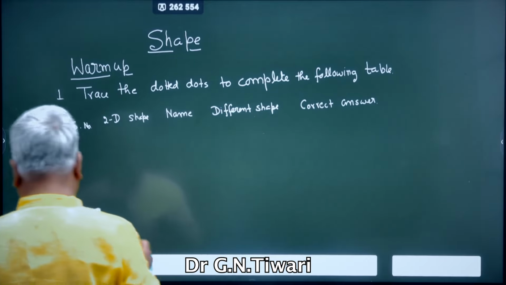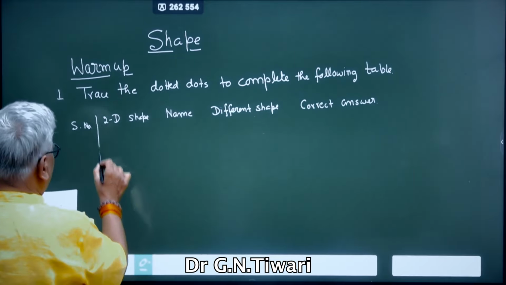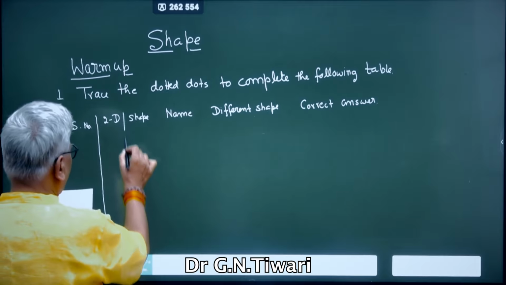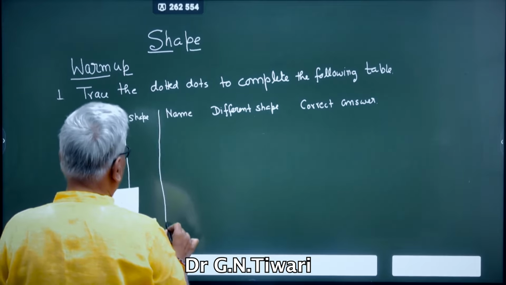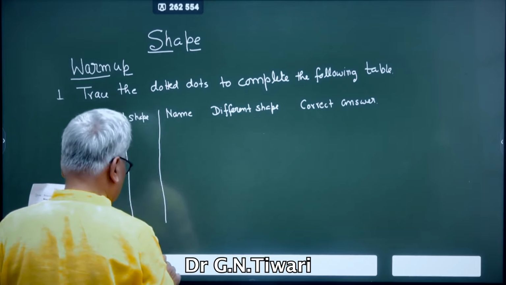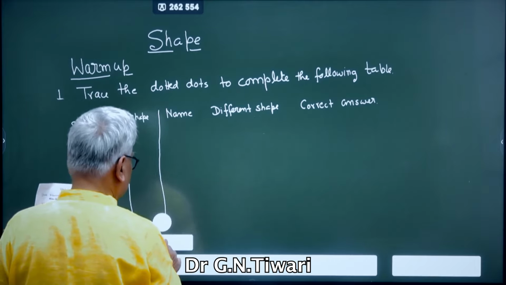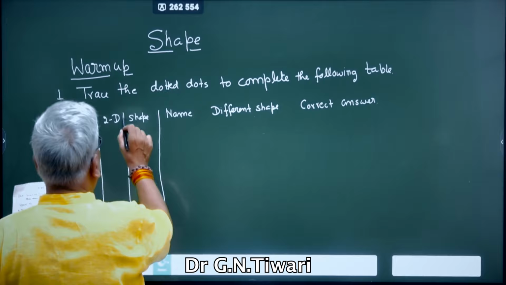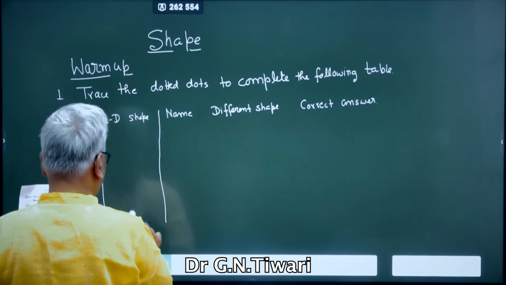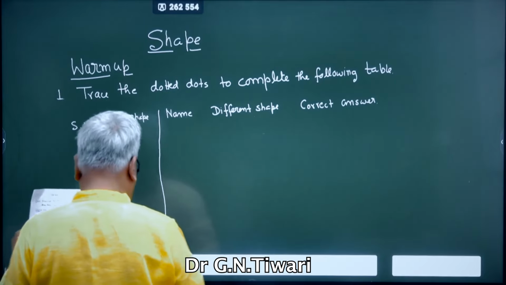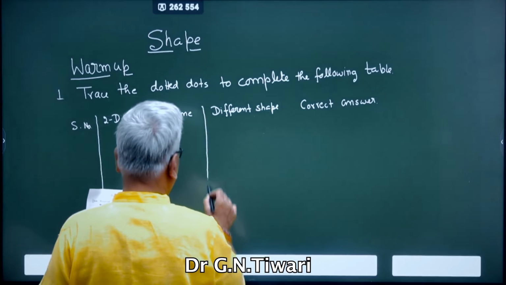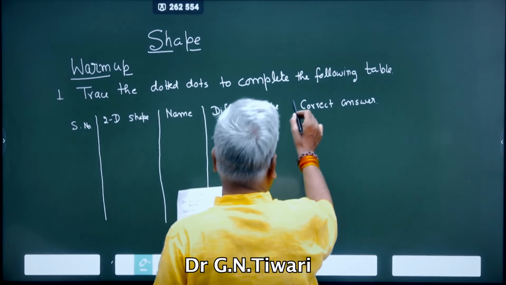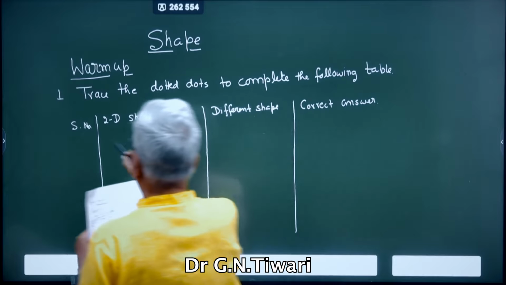And if you want to make a distinction, you can draw the line, no problem. Shape is here. Oh, here I just make one mistake. This is the 2D shape, and then name. Here I'll make different shape, and just they have to fill up.